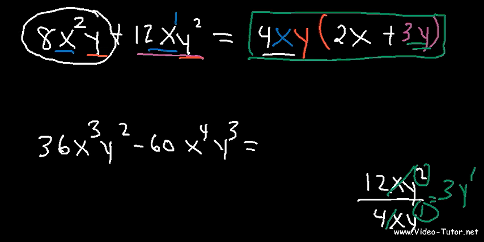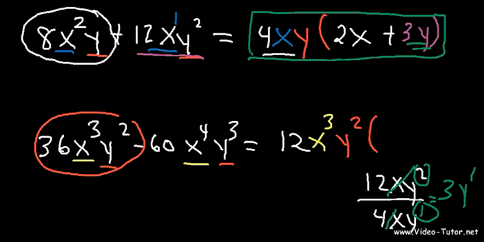So let's try this one. What is the greatest common factor between 36 and 60? 12 goes into 36 and 60. And we can take out at least 3 x variables from both terms. And we could take out 2 y variables from each term. So if we take this term and divide it by 12x cubed y squared, 36 divided by 12 is 3.